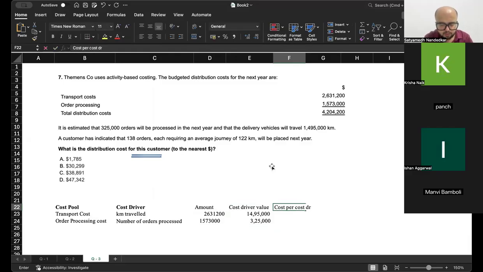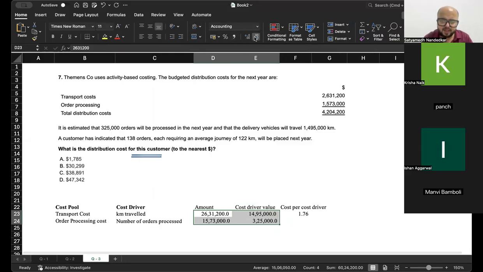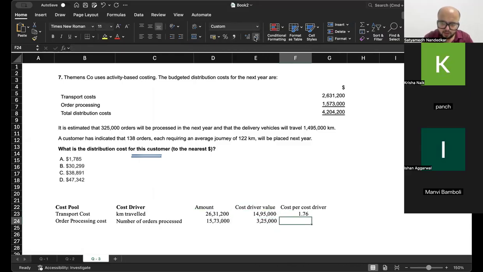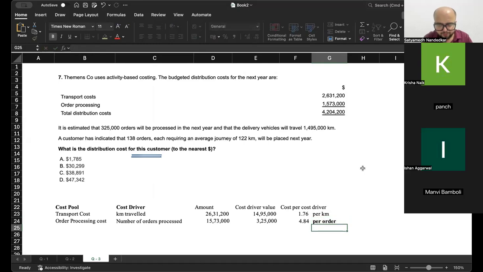Cost per cost driver: 1.76, and then there is 15,73,000 divided by 3.25. This is 1.76 per kilometer. This is 4.84 per order.